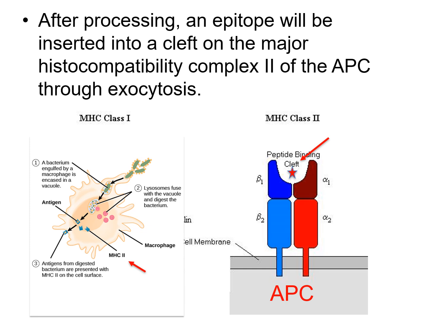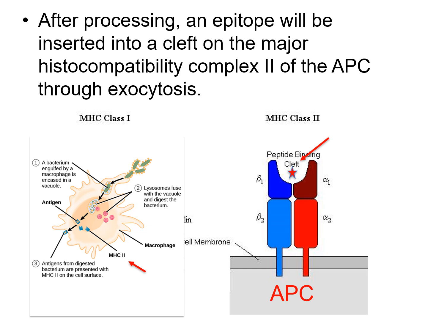After processing, an epitope will be inserted on a cleft on the major histocompatibility complex 2 of the antigen presenting cell through exocytosis. So I'm showing you the macrophage processing, and it will expose that epitope on the glove.